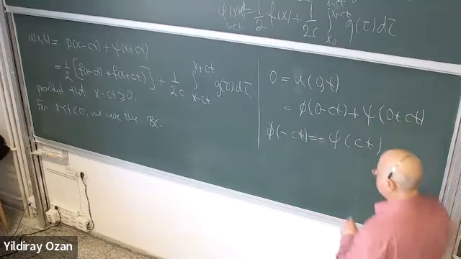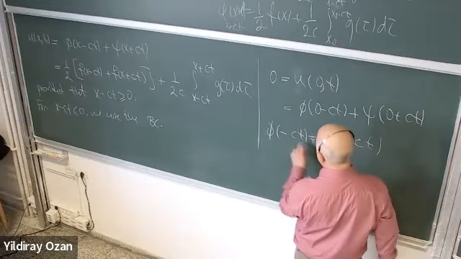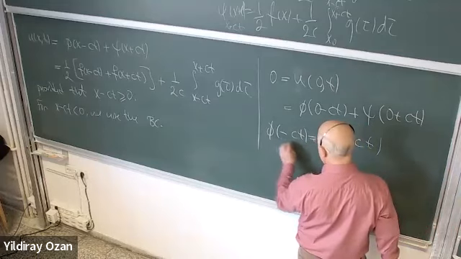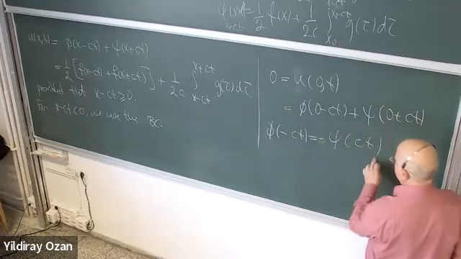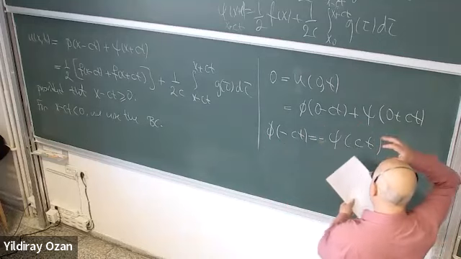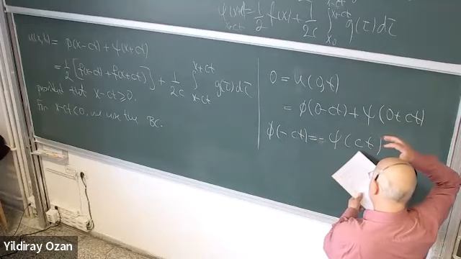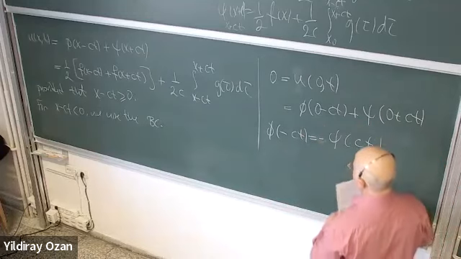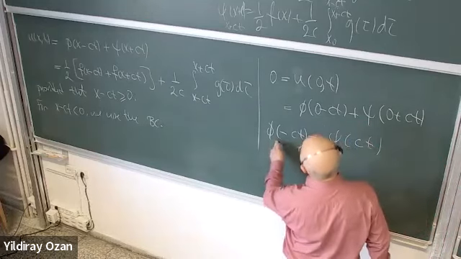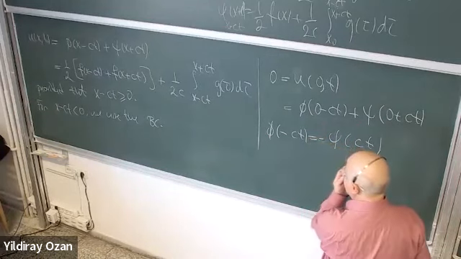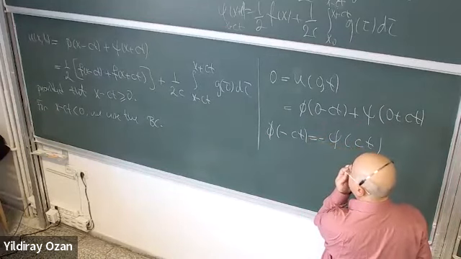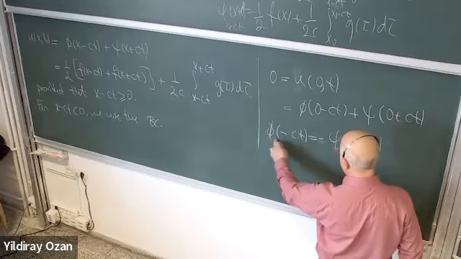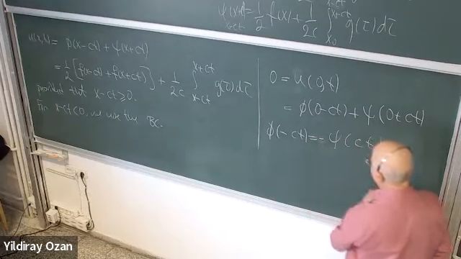So this means what? For the negative values, this function should be defined as this one. In fact, this wasn't defined for negative values, but to make things work nicely, for negative values, one should define this function as this one.